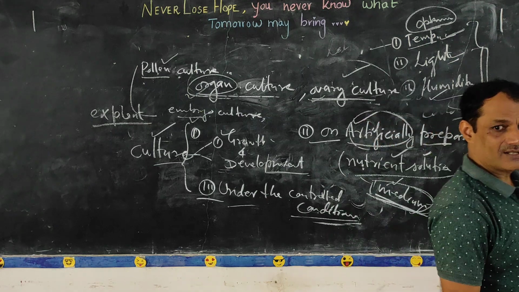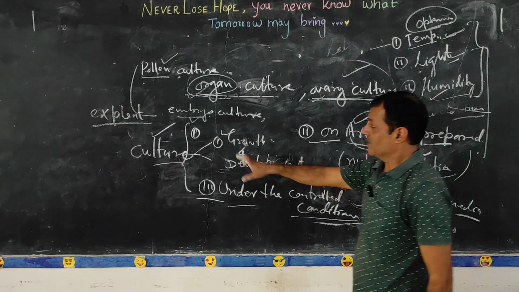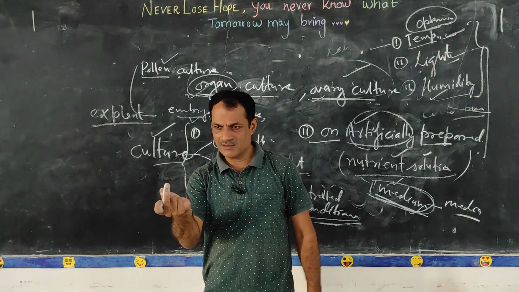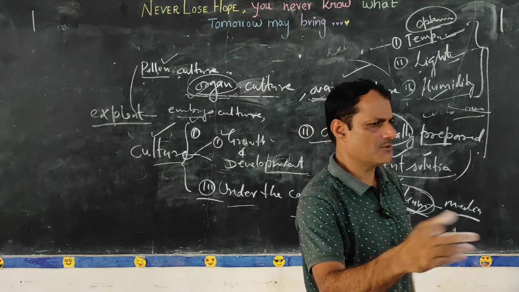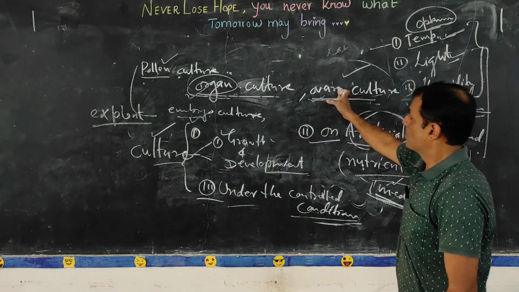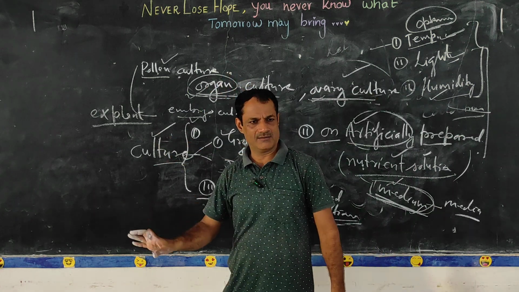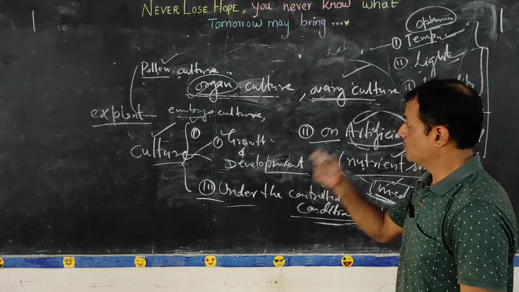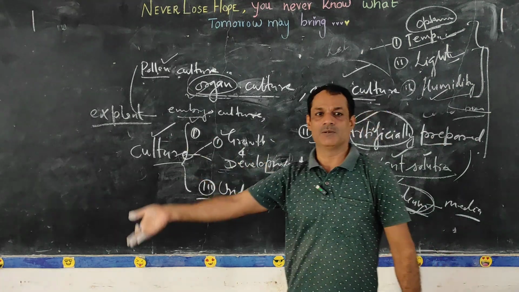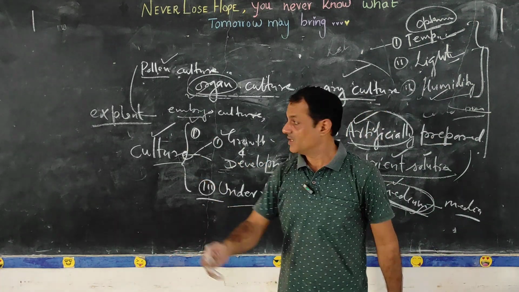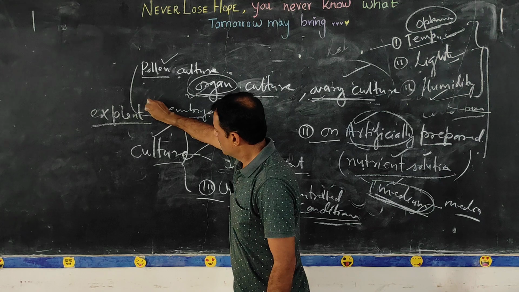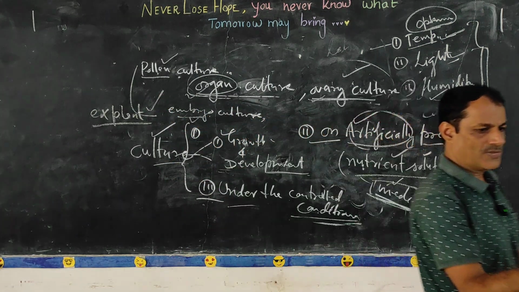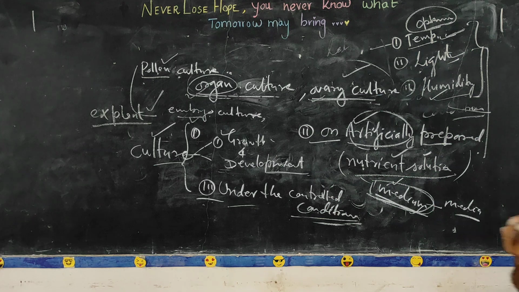The piece of plant, it may be stem piece, root piece, flower part, seed, ovary, embryo, pollen, anther, anything. The piece of the plant which we are taking or using to initiate the experiment of culture is called as explant.